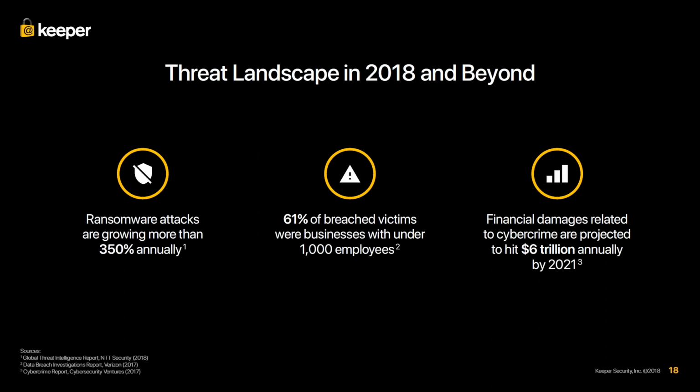So the threat landscape, what does it look like? What's happening? So this is what we see today, and this is what we see proliferating for the next few years. Ransomware attacks are growing more than 350% annually, and this is big.